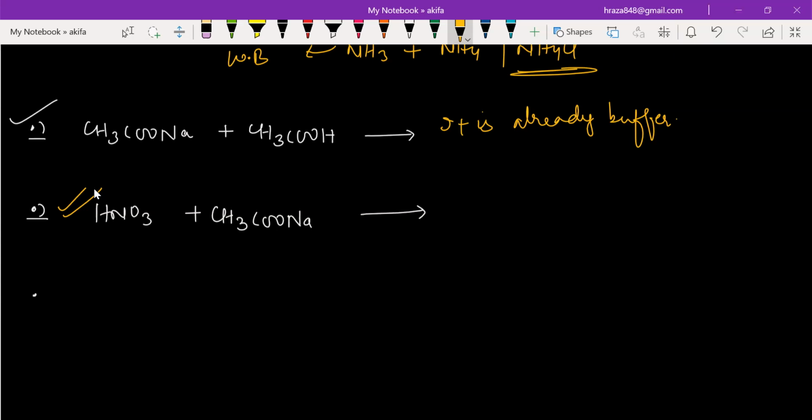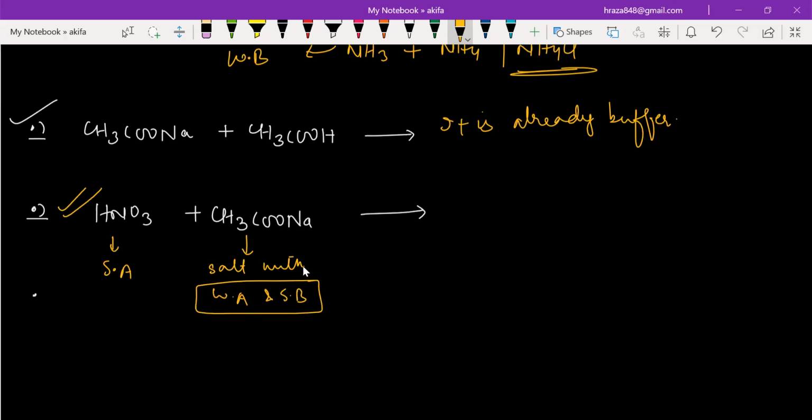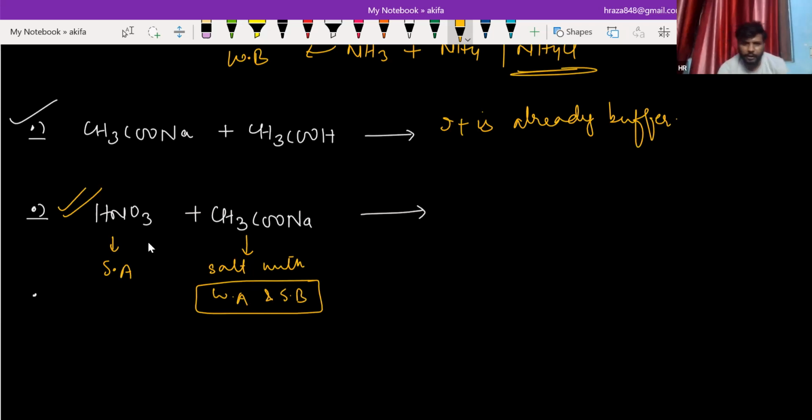No, because you thought that HNO3 is a strong acid, and CH3COONa is basically a salt of a weak acid and a strong base, right? Now just think that if these are mixed together, they will react with each other like this. Positive will go to negative, negative will go to positive, and a new compound forms: CH3COOH plus NaNO3. Yes or no?